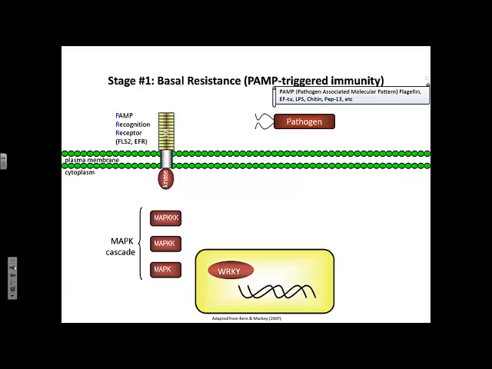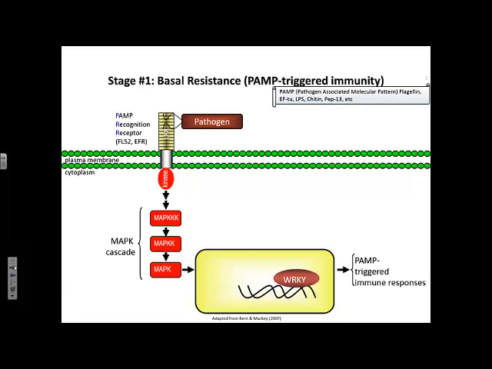There's a lot of research going on to figure out how that signal goes to the inside of the cells. So once the plant recognizes the pathogen, in this case flagellin, that will trigger several cascades of signaling events, and that will lead to activation of immune responses. Collectively we call this PAMP-triggered immune responses.